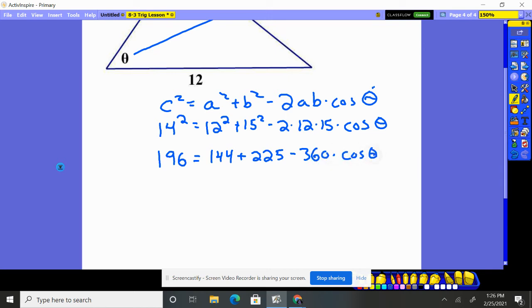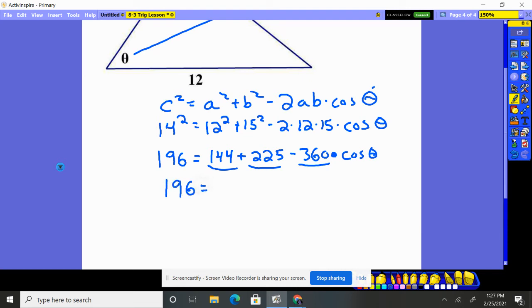Now, a lot of times we try to combine that and this. But wait, this 360 is being multiplied by the cosine of theta. You can't. That's like 360x, and you would never combine 360x with these numbers.